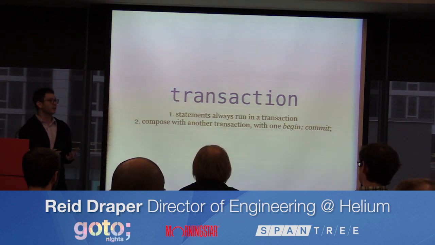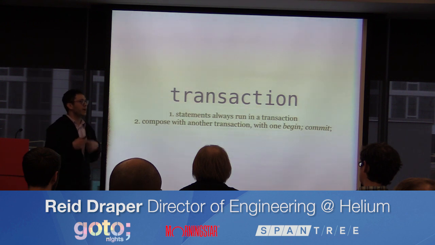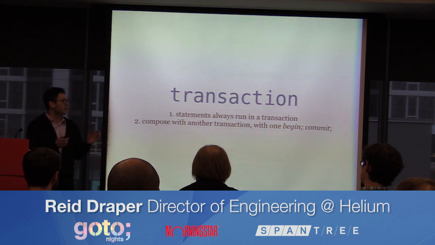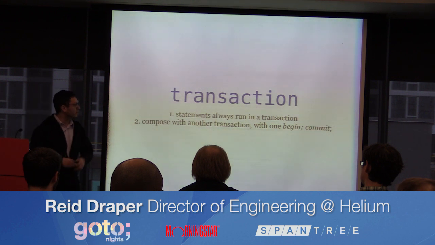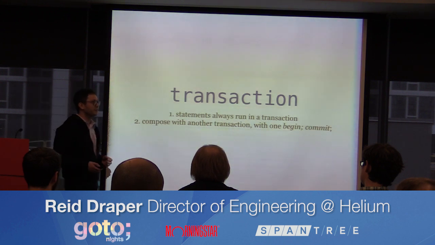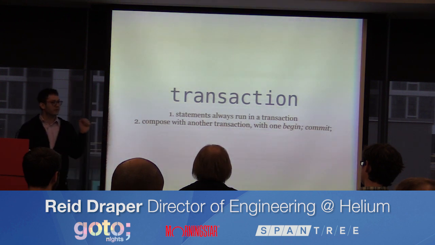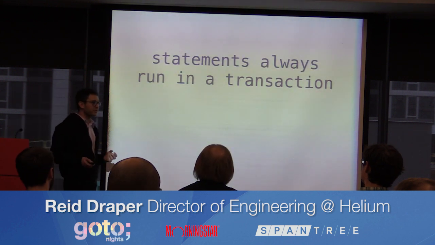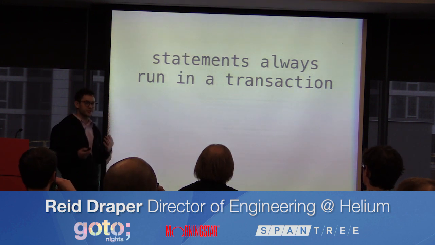So if we call something a transaction, you can't execute the code not in a transaction. Seems pretty tautological. And if we compose with another transaction, there is exactly one begin and one commit, right? And so if we call something a transaction, the statements must always run in a transaction.